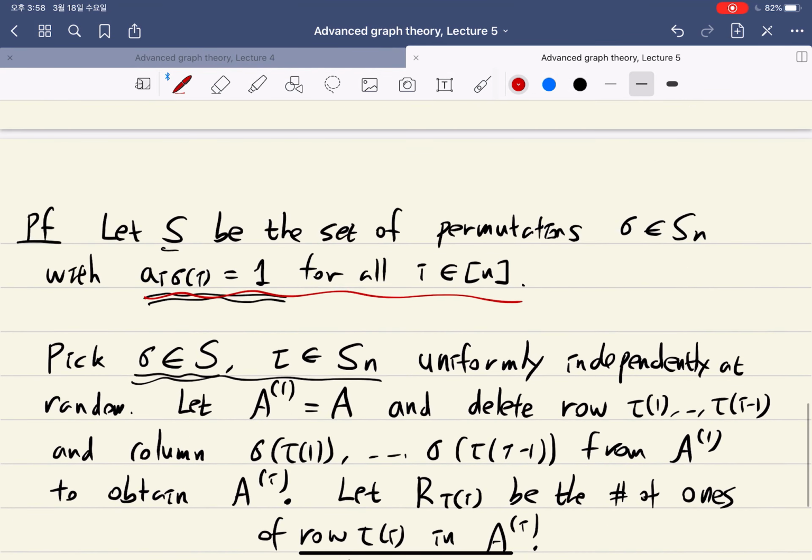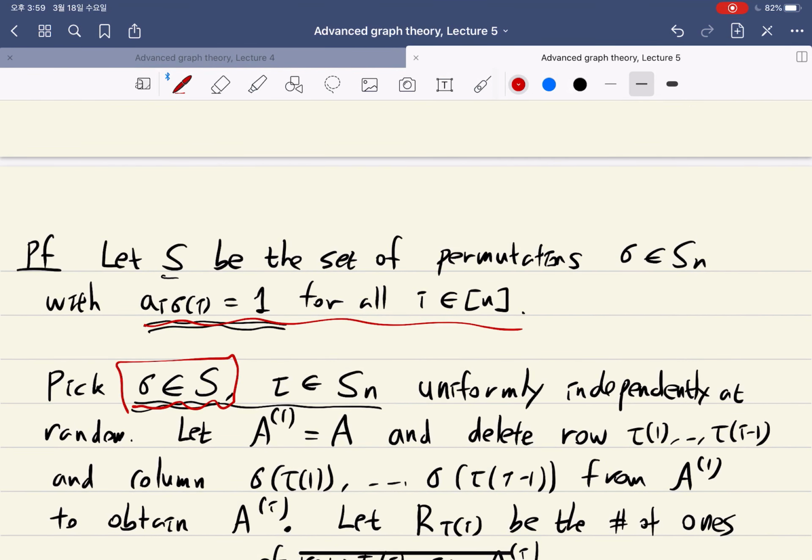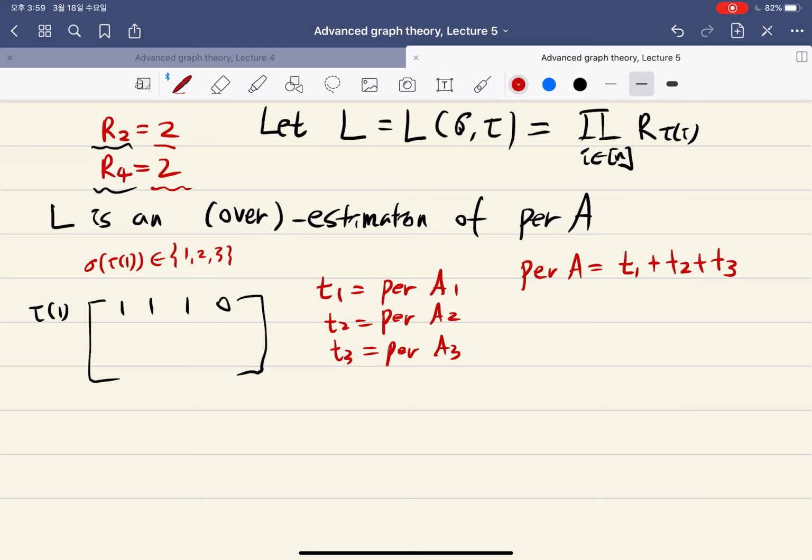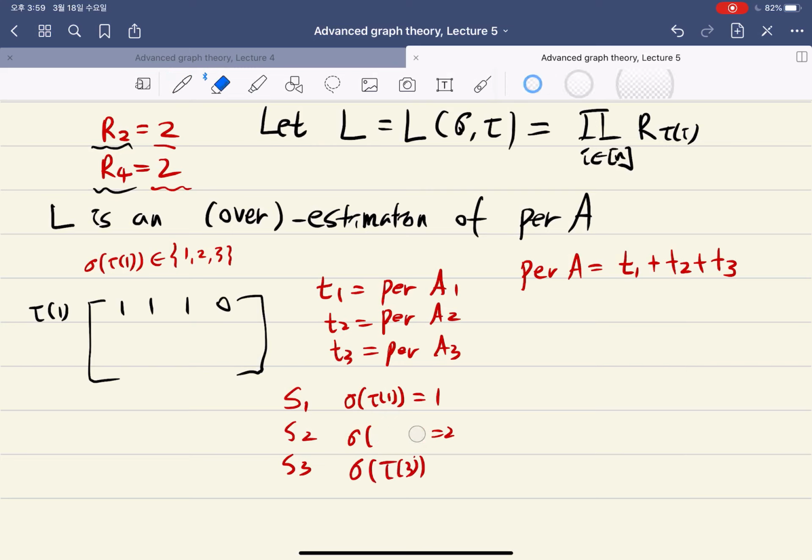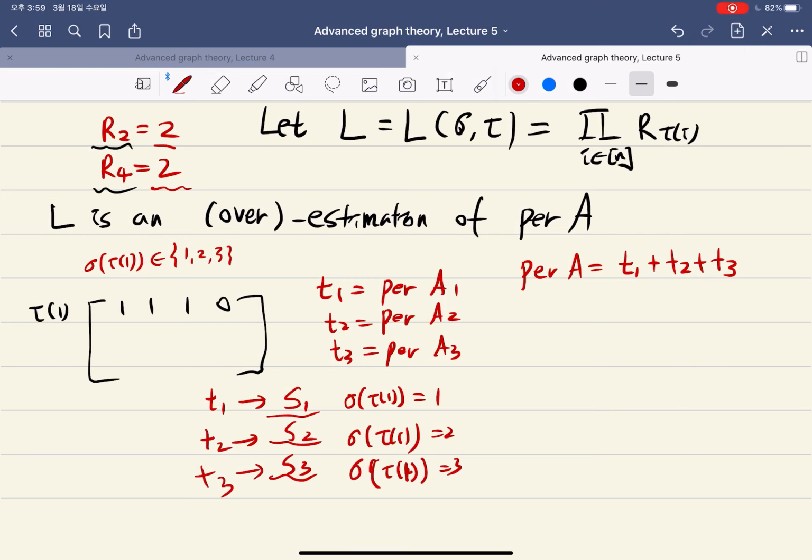And we choose this sigma out of all S. And S can be partitioned into 3: S1, S2, S3, where sigma tau 1 is 1, sigma tau 1 is 2, sigma tau 1 is 3. Depending on its value, you can partition S into 3 sets, and this has size T1, and this has size T2, this has size T3.